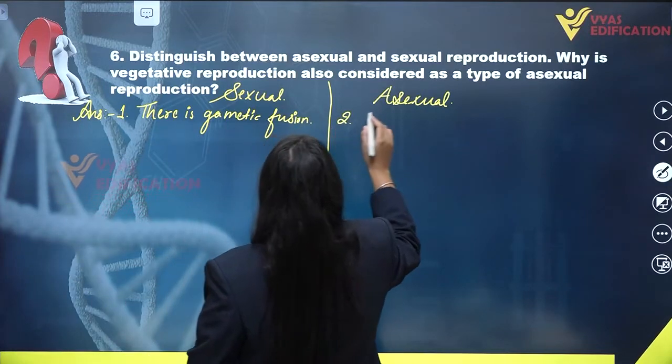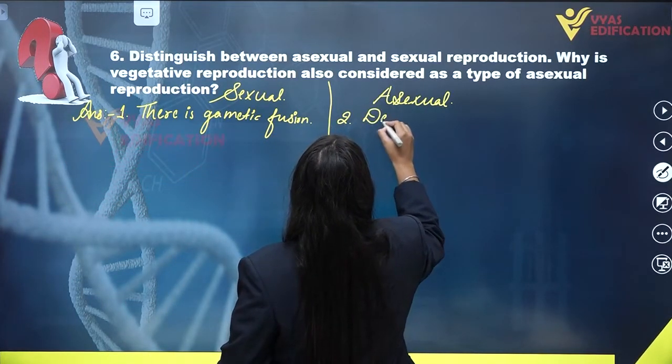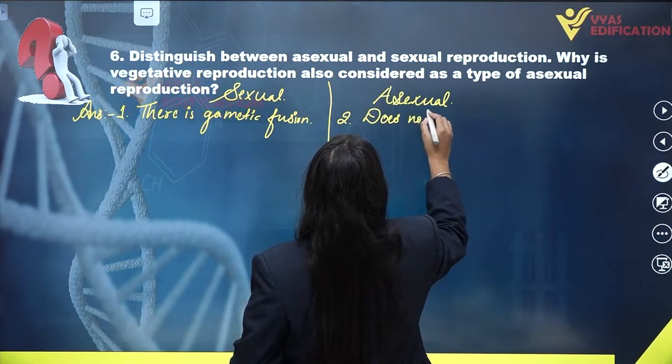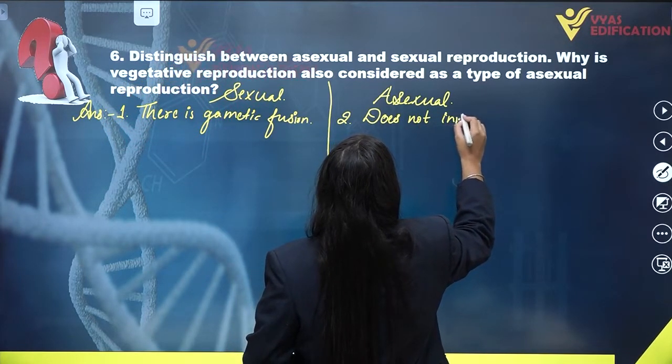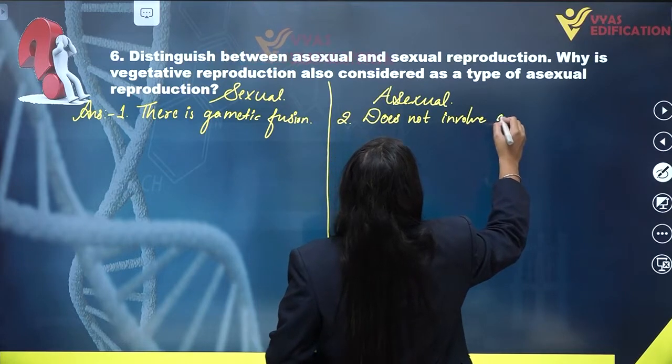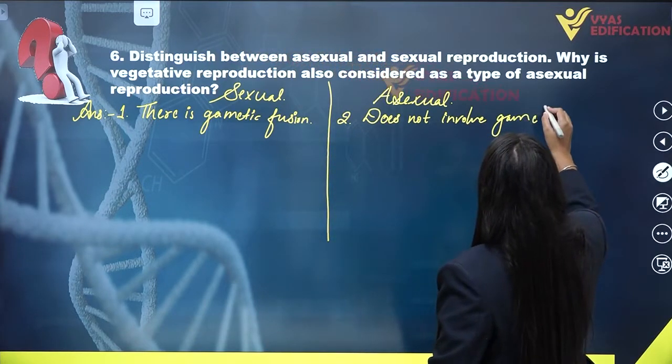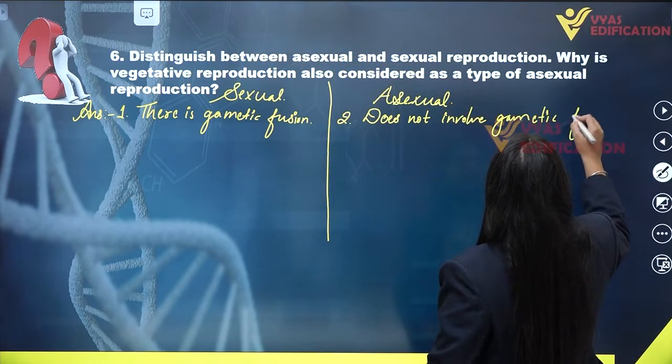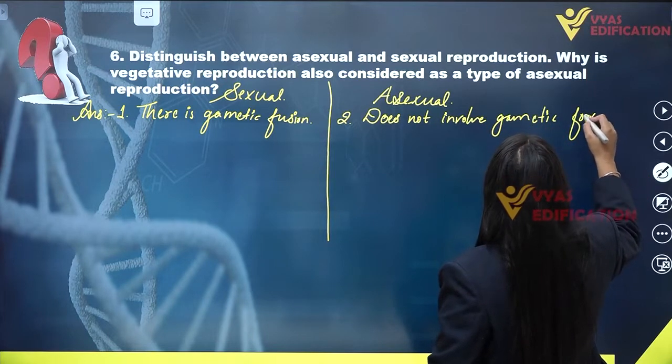And asexual reproduction does not involve any gametic formation or fusion.